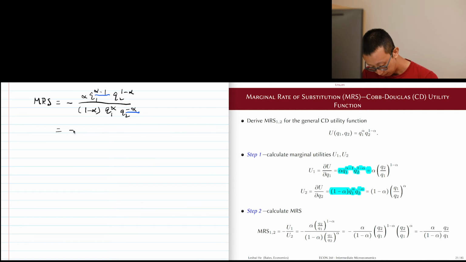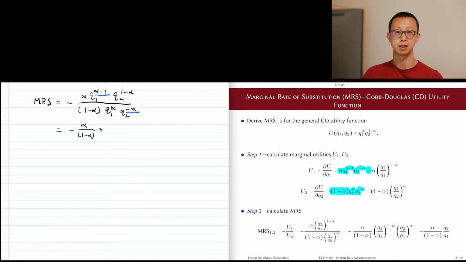We're going to have minus alpha over 1 minus alpha, which is just a ratio of our constants, multiplied by these dizzying terms of q1 and q2. I'm going to process them separately, because perhaps that's easier to think about.